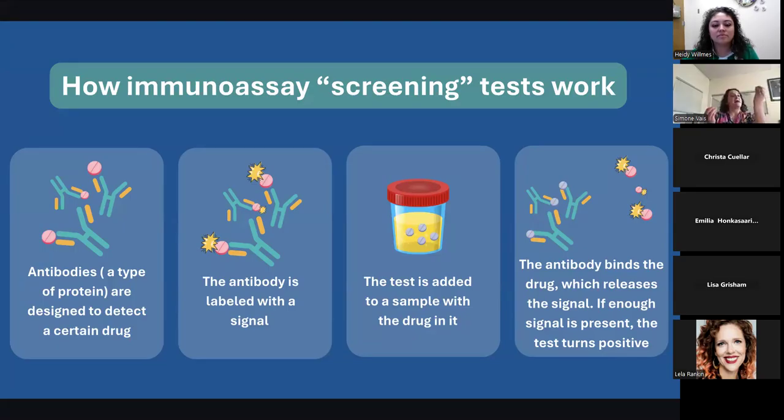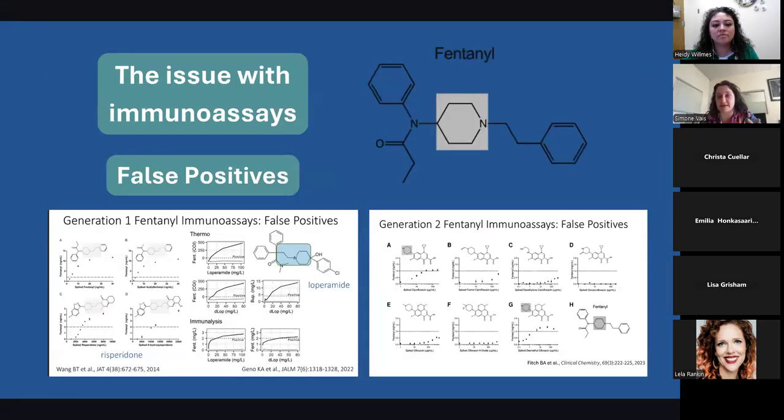When we put that antibody in urine that has fentanyl in it, the antibody will bind that fentanyl, and in that binding, release a signal. We'll see that signal and say, hey, look, there's fentanyl in this sample. But this entire process relies on this protein being able to accurately identify the fentanyl, which is where we run into issues.